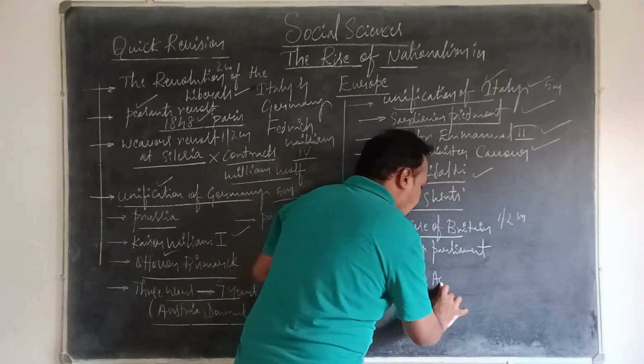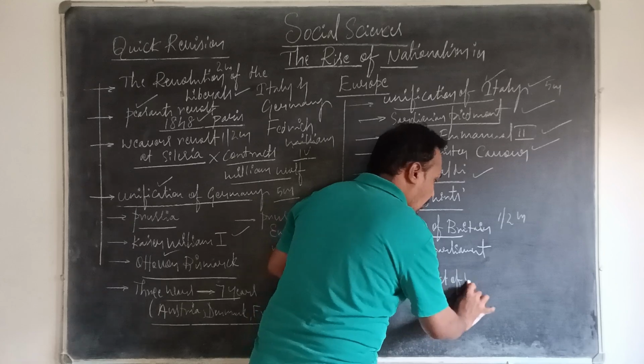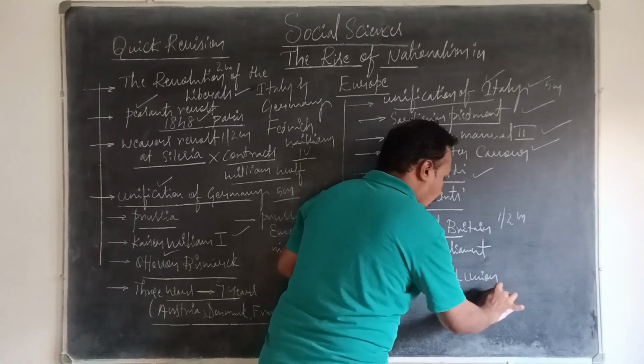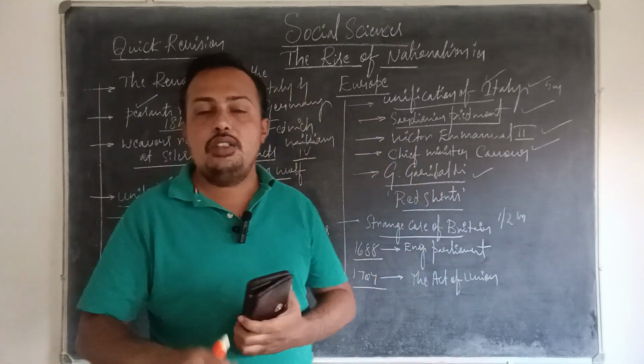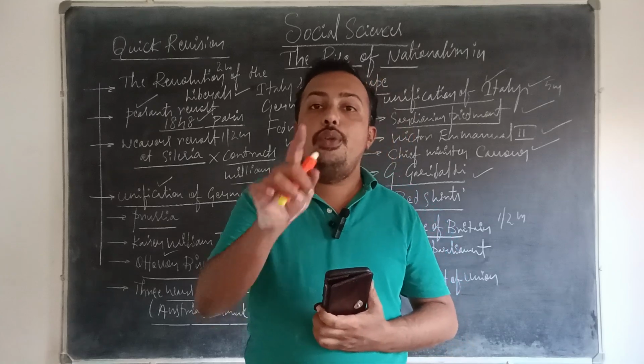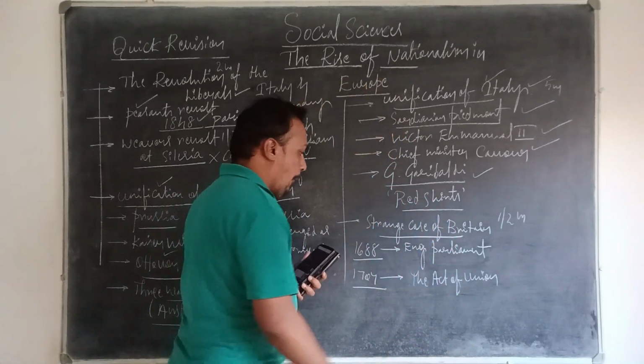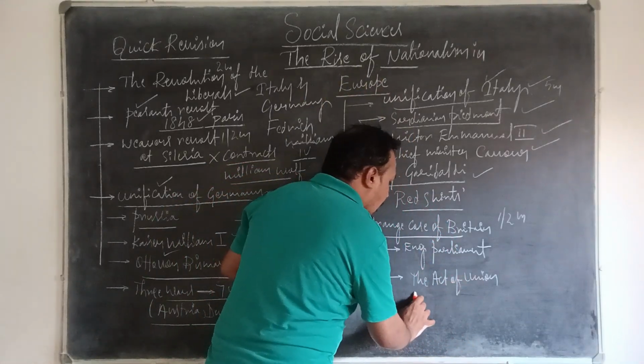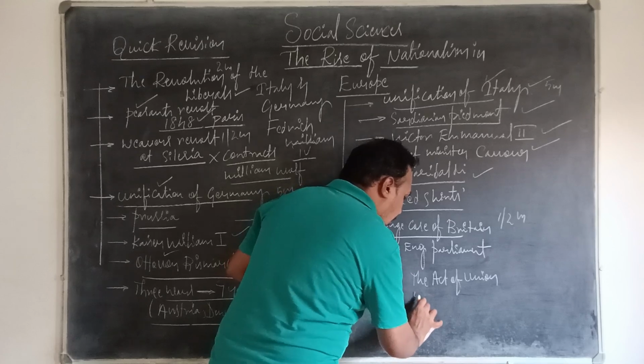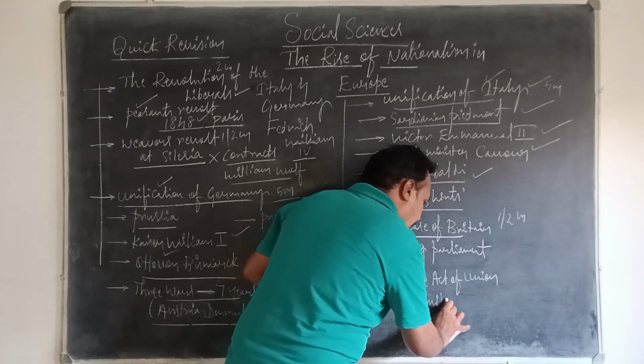The Act of Union was signed between England and Scotland, and led to the formation of the United Kingdom of Great Britain. The Act of Union led to the formation of what? United Kingdom of Great Britain.